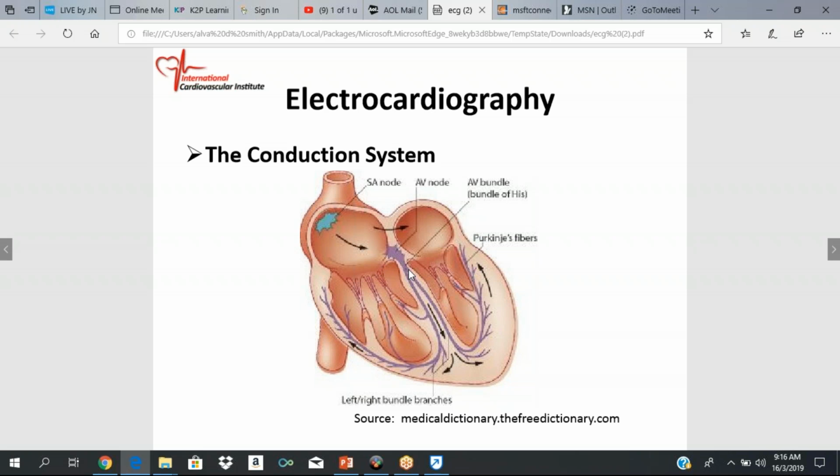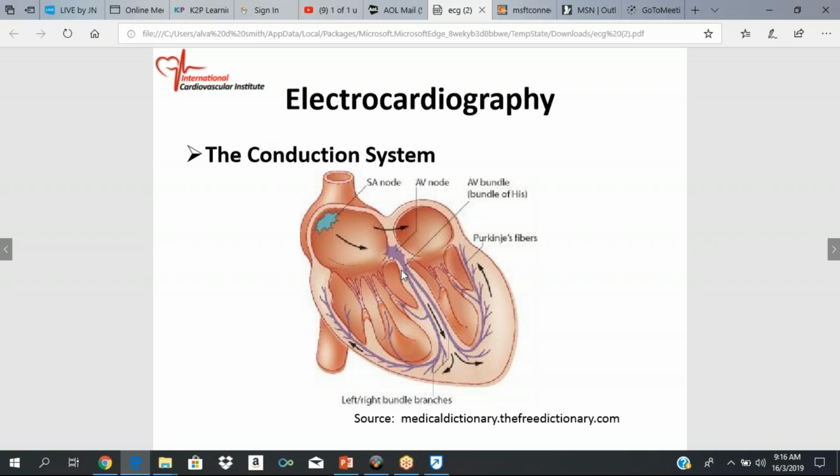Okay, so this is the left bundle branch, and it penetrates into the heart muscle to give you what we call Purkinje fibers. These are the smaller wiring that goes into the heart muscle itself.